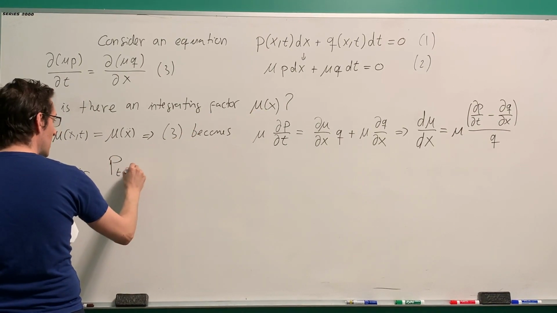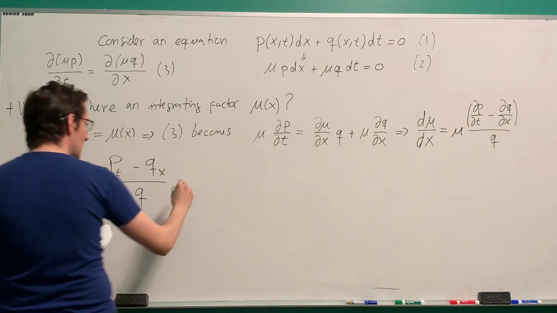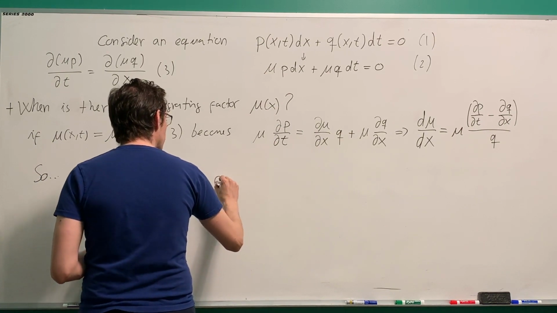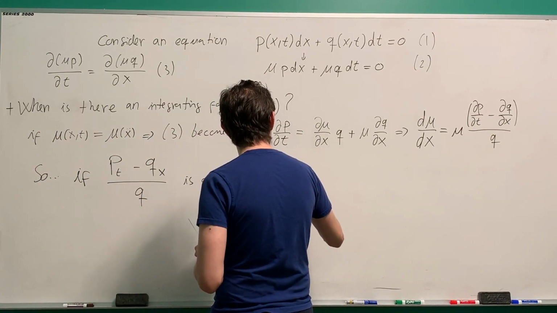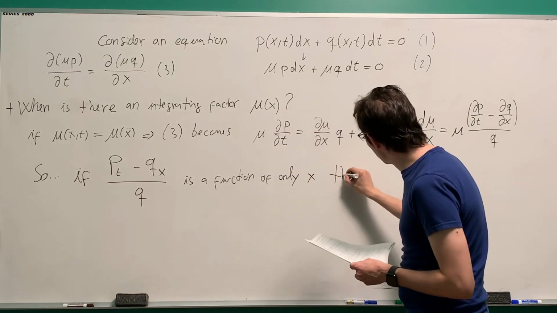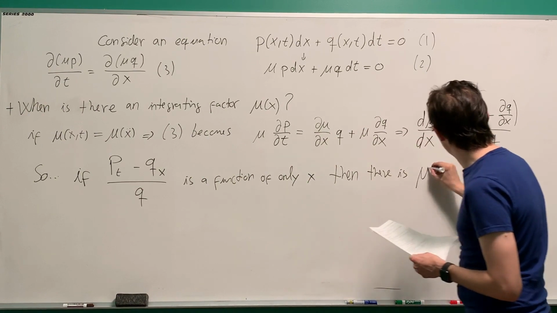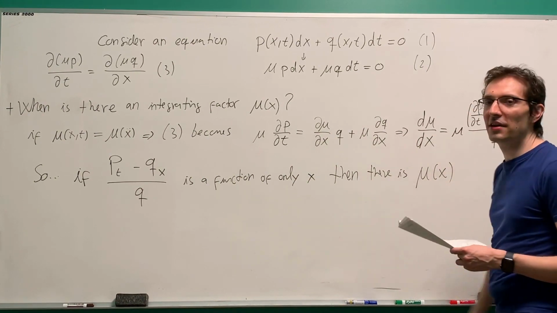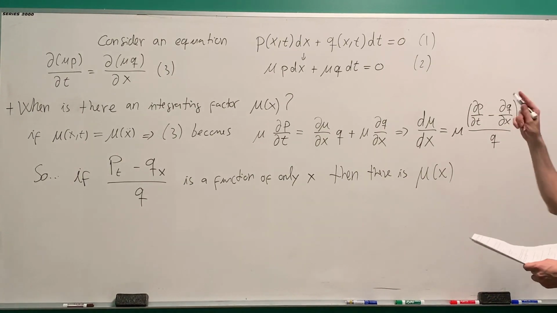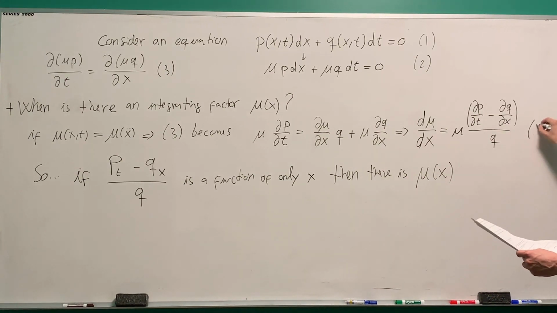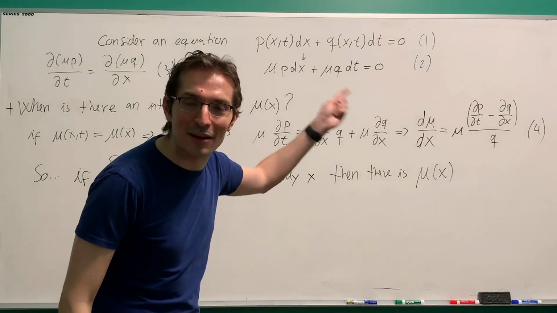If this thing, p_t minus q_x divided by q, is a function of only x, then there is an integrating factor mu of x that is only a function of x. And not only that, we can find it. So let's call this equation 4 and let's solve it, because this is a differential equation and it's of the kind that we learned how to solve.